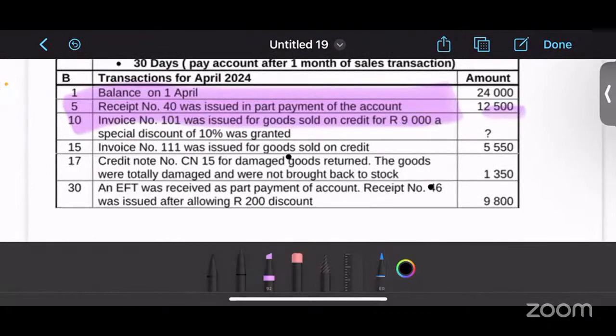And then on the 15th, we have what? We have invoice number 111, which was issued for goods sold on credit, and they were 5,550. How are we going to do this one?